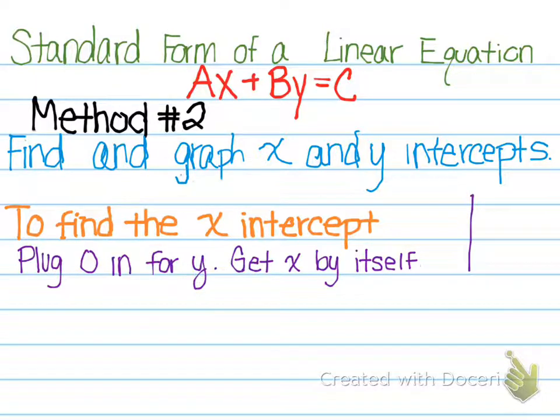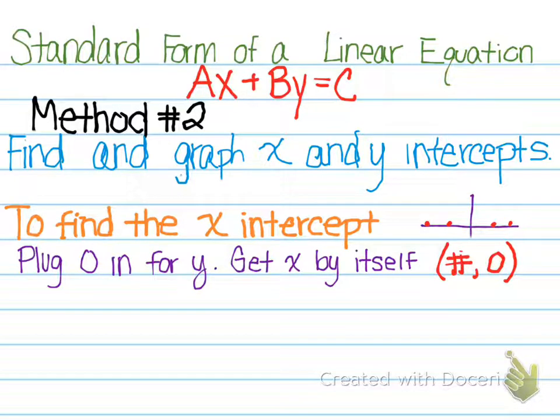Because if we drew our graph and I had a point that was on the x-intercept, anywhere on this line, this purple line, the y value is always going to be 0 because it doesn't go up or down. So we can plug 0 in for y, and then we want to get x by itself, and that value is the x-intercept. So it's always going to be written, a number, whatever you get for x, comma, 0.